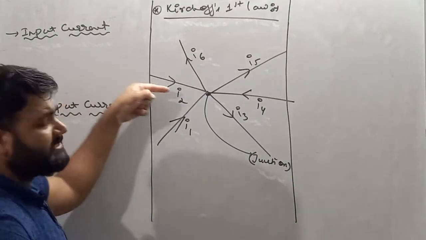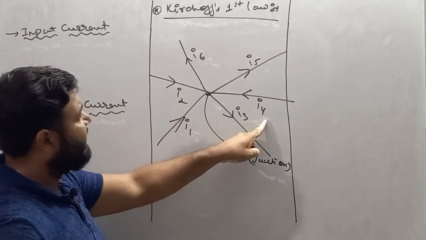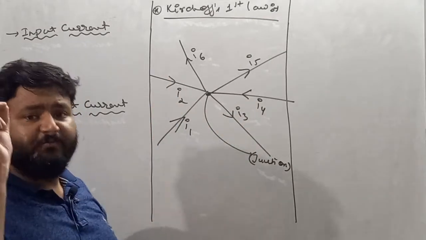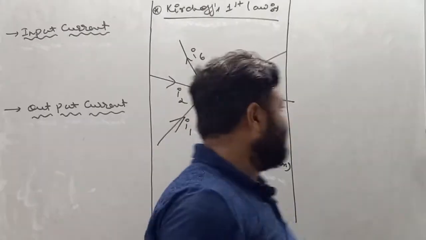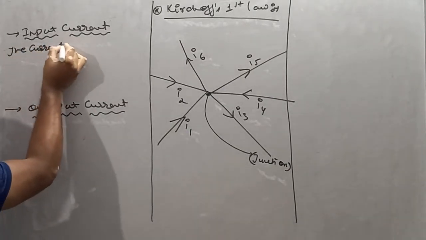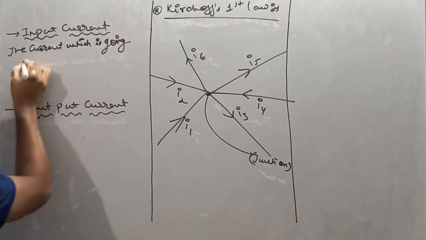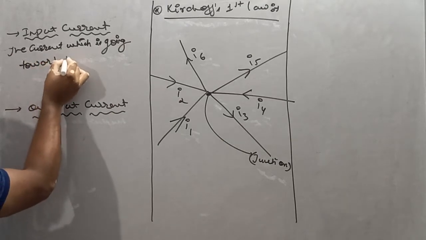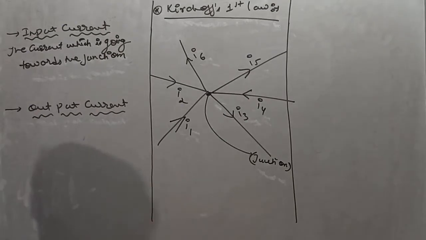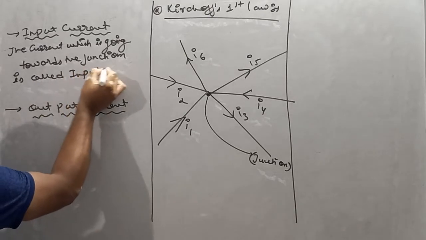Now see, those currents which are going towards the junction, like I2, I1, I4, are called input current.